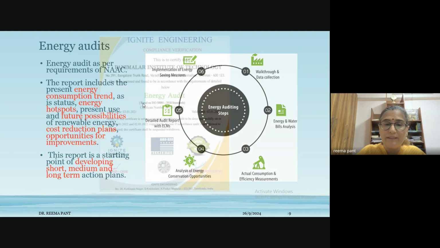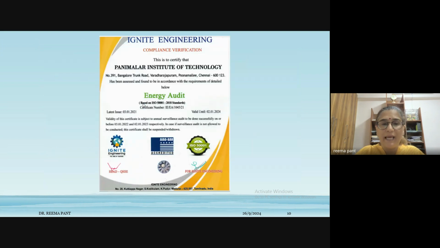All right, so this is how it is going to look. And this is the kind of energy audit certificate that you will be given post your audit. Now, one thing we also need to understand: this energy audit certificate comes from an external auditor. The external auditor or the team of auditors we take for the energy audit has to be a BEE certified auditor.